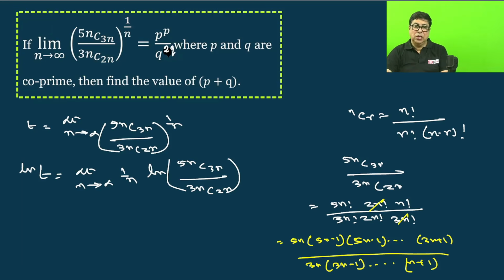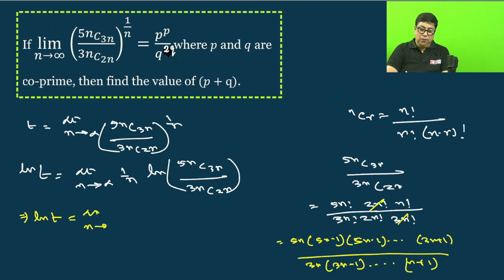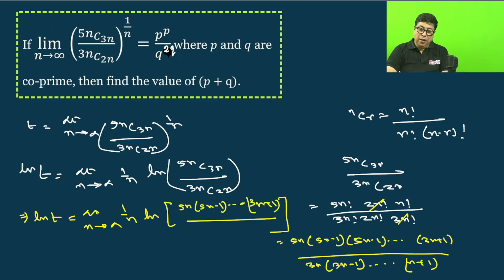So this calculation, if I put it in ln t, what will we get? ln t equals the limit as n tends to infinity of 1 by n, and I put log, that is ln, of (5n minus 1) continuation to (3n plus 1) total divided by 3n into (3n minus 1) continuation to (n plus 1).